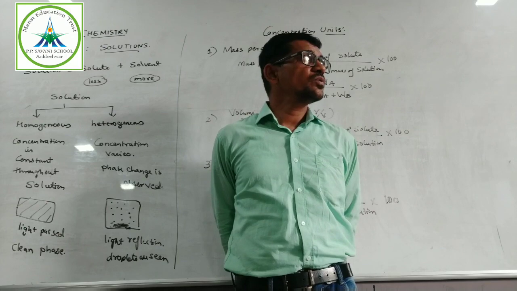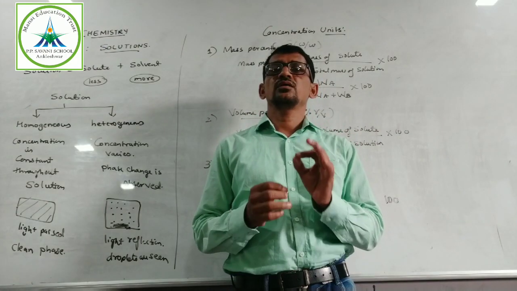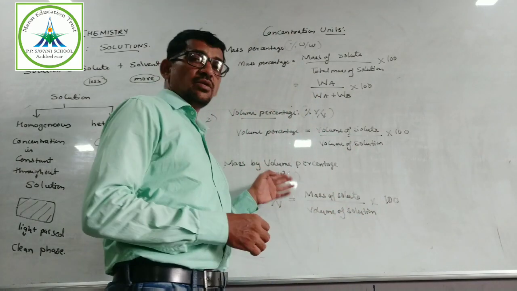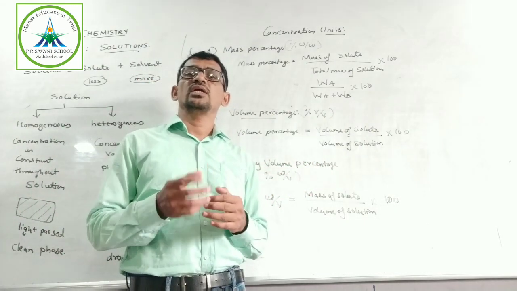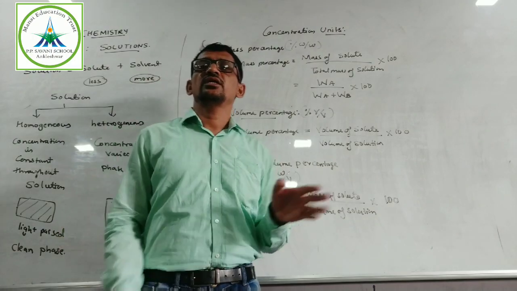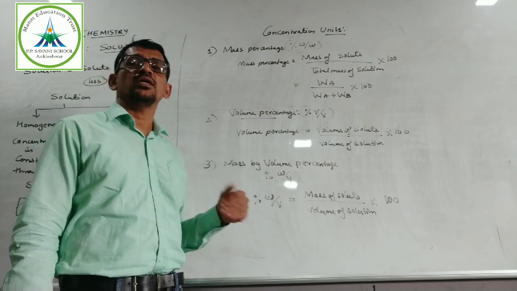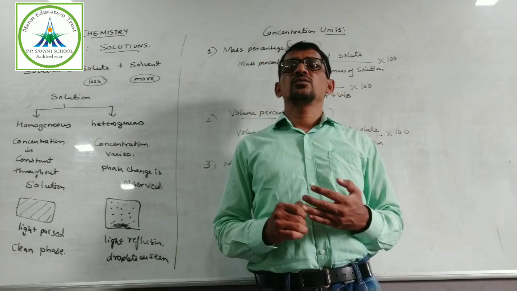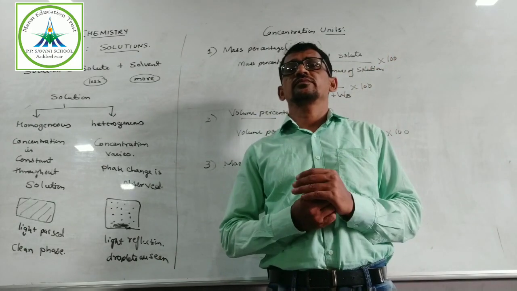Another way you can derive ppm is milligram per liter. Remember this word, milligram per liter, in terms of weight by volume. Milligram means weight, liter means volume. So milligram per liter is also ppm. Microgram per ml is also ppm. Milligram per liter or microgram per ml is equal to ppm, part per million.